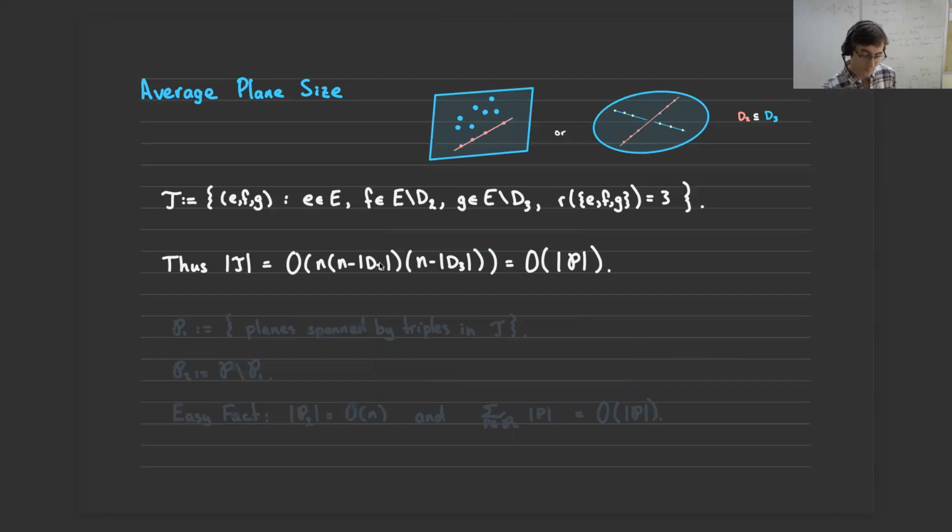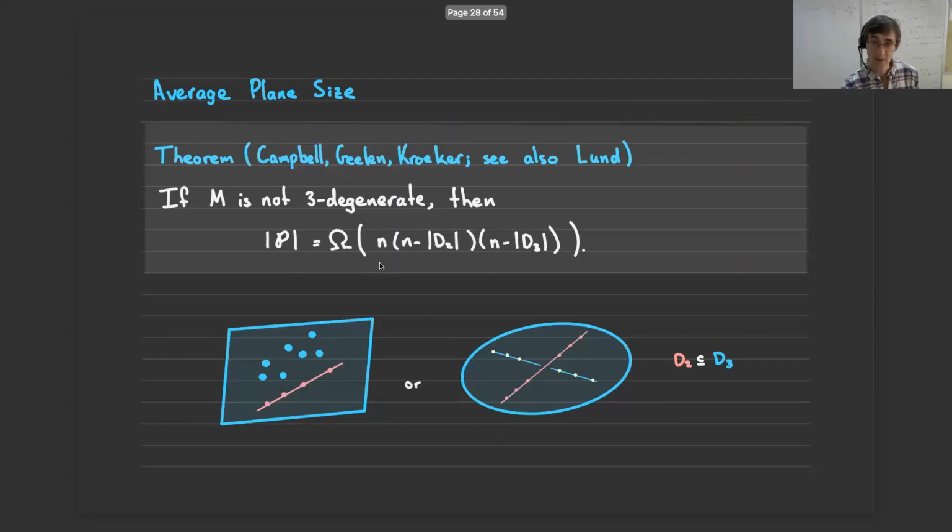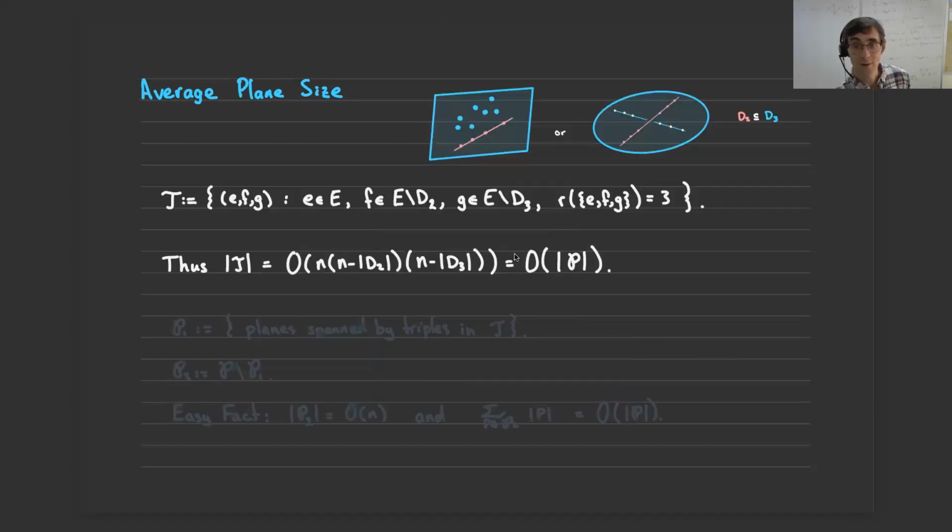Okay. So now when I want to compute averages, we're going to do the analogous thing to what we did for lines. We look at this number n times (n minus d2) times (n minus d3). What does that make you think of? Well, it makes you think of taking ordered triples, where E is chosen arbitrarily from your matroid, F is taken outside the 2 degenerate set, and G is taken outside the 3 degenerate set. And I want them to be independent, so I want those 3 points to span a plane.